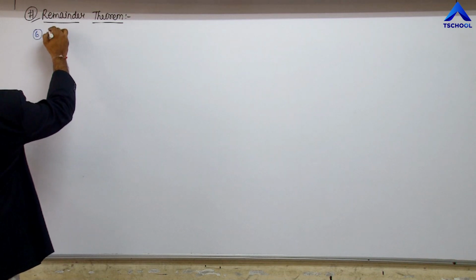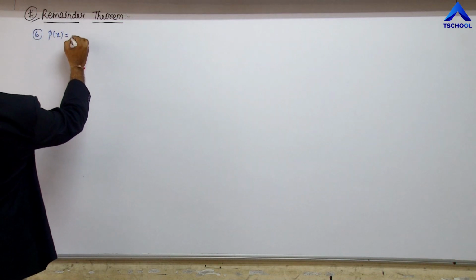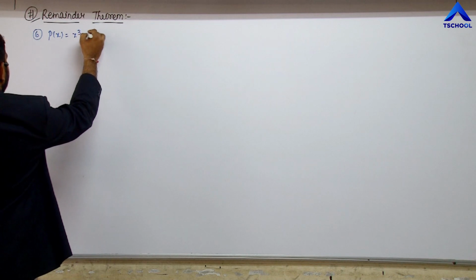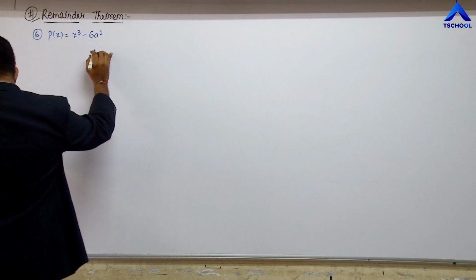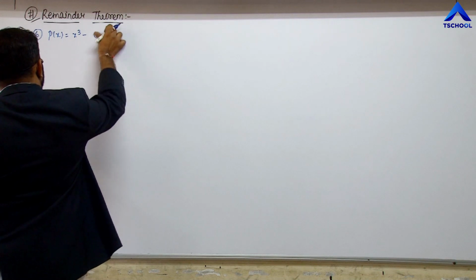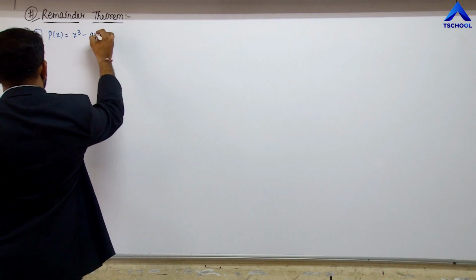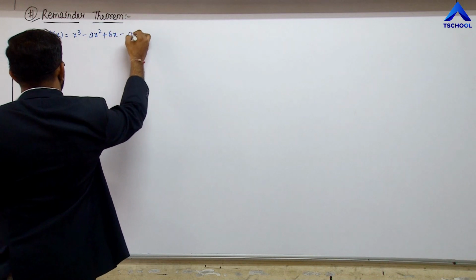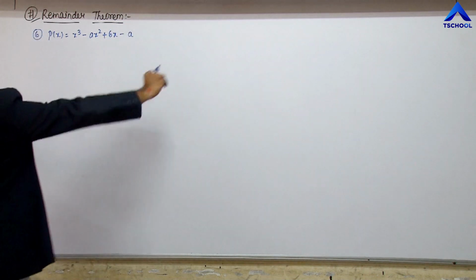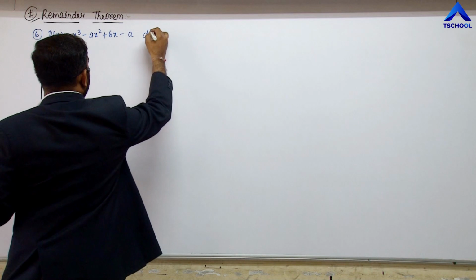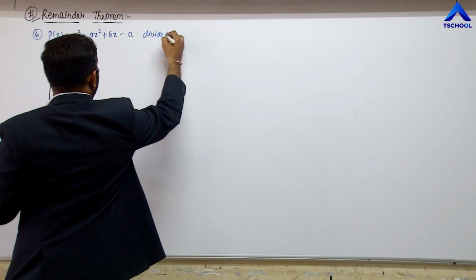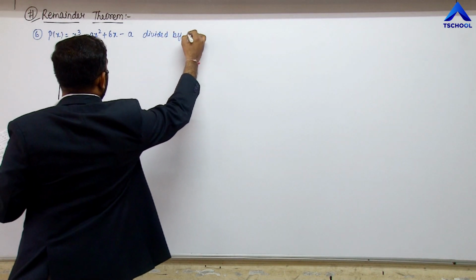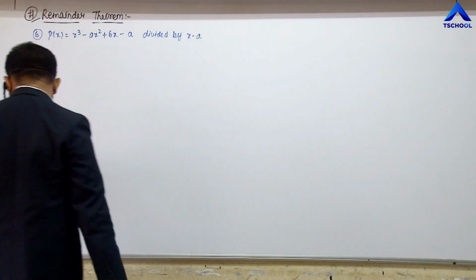P of x is equal to x cube minus ax square, my mistake, plus 6x minus a, divided by x minus a.